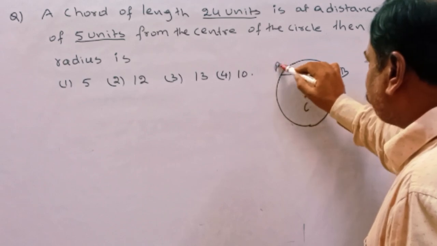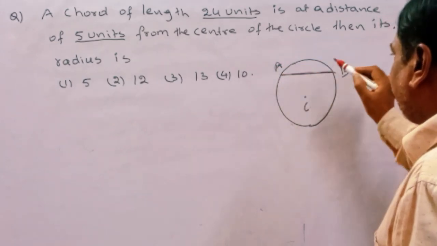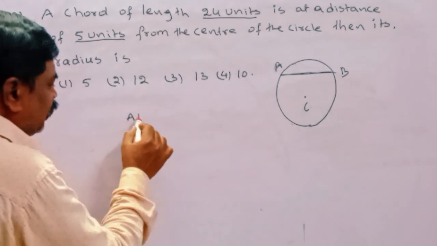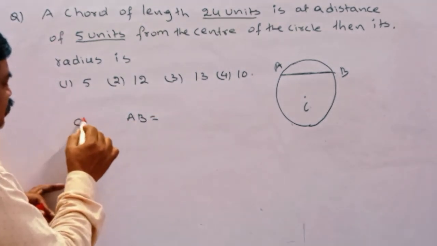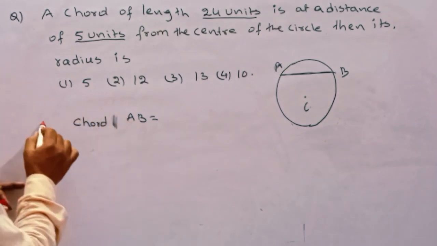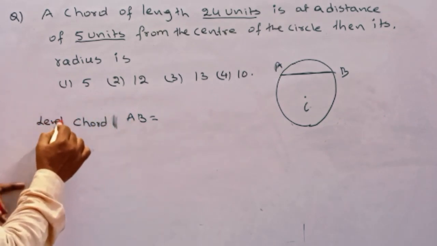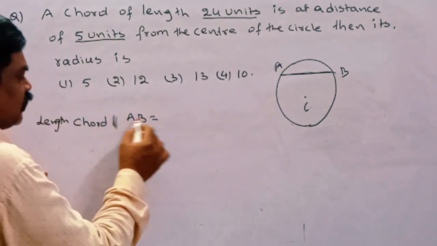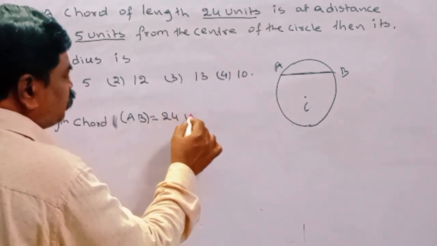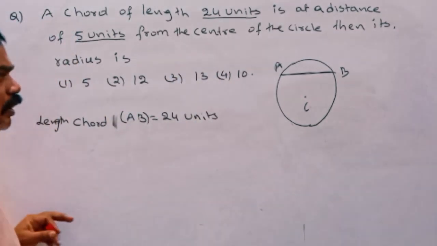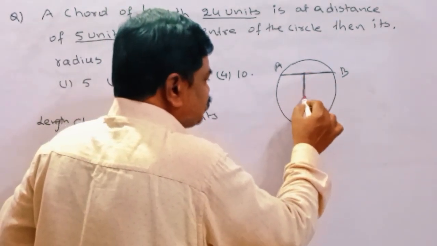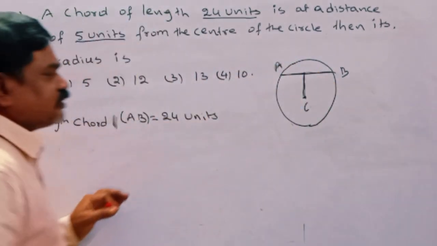The chord length AB is given as 24 units, and also the distance between the center and the chord is given.